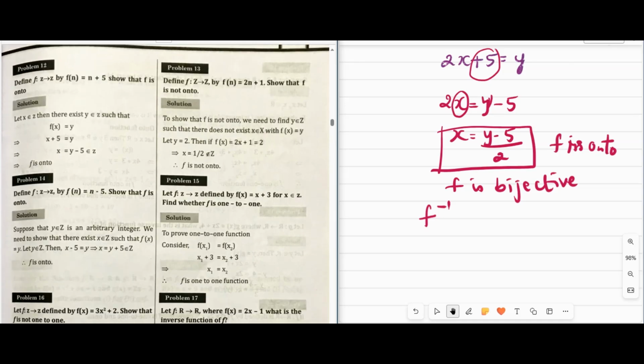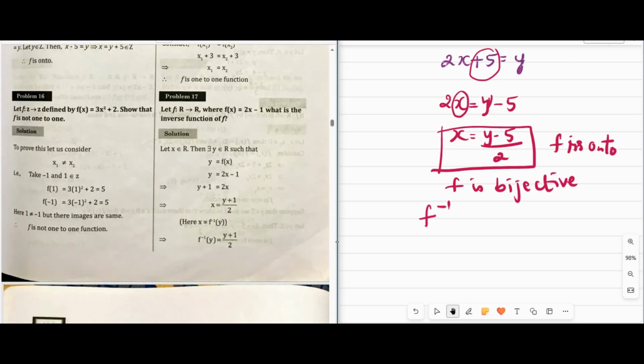F inverse of y will be equal to y minus 5 divided by 2. So this is the inverse of the function and therefore f is invertible. Okay, this is how we find 1-1 and onto functions.